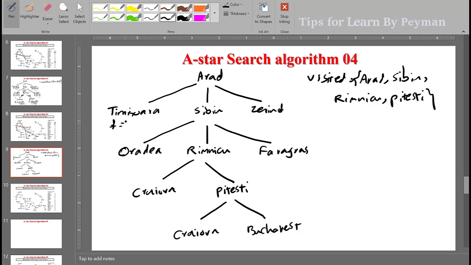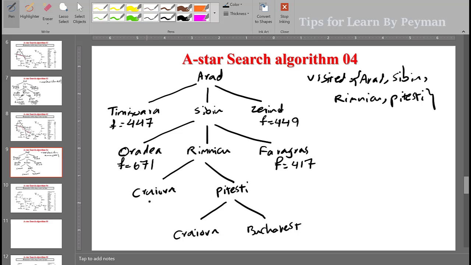I write down the F value. We have Timisoara with 447. I have Zerind here with a value of 449. I have F value for Oradea 671. For Fagaras, the F value would be 417.